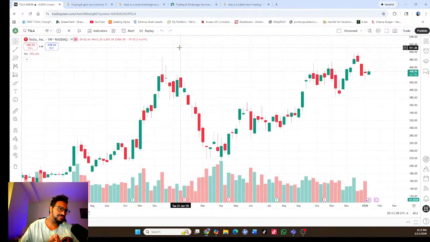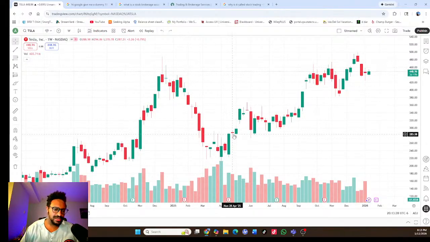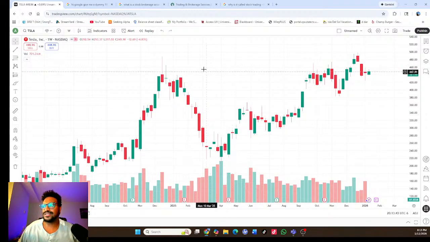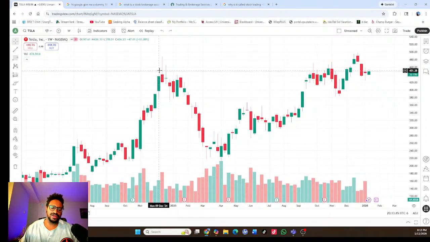Investing is different from trading, so that's one of the most important things you need to know. Stock trading is a different game than investing. Now, they both use stocks, but the difference is that with trading, you're buying, hoping it goes up in price, and selling it immediately.